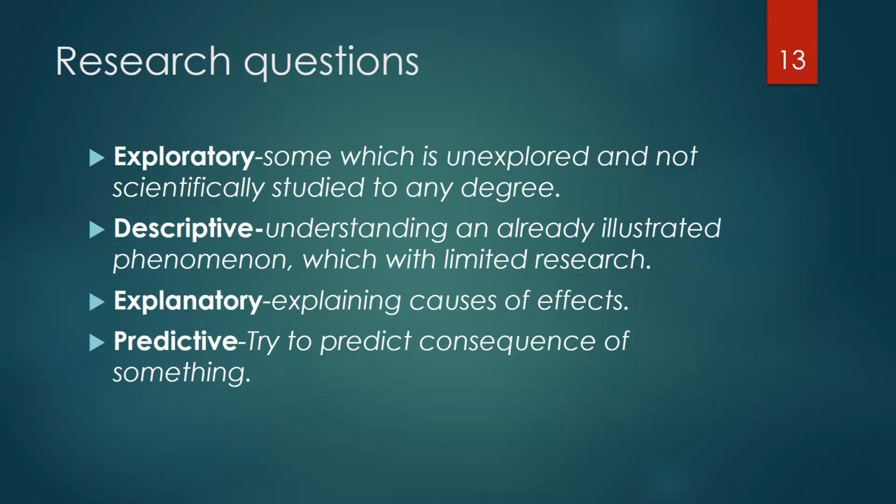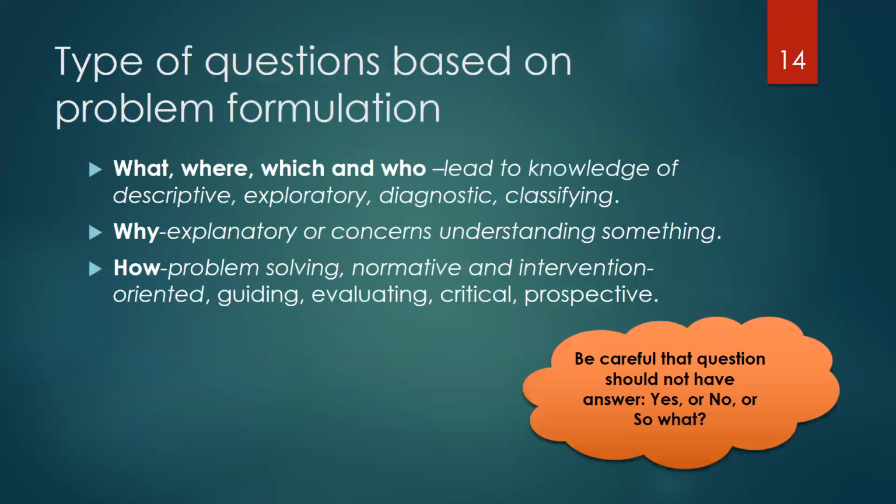Explanatory: you are explaining the causes and effects of something. And predictive: predicting the consequence of doing something or something happening. So these are the 4 types of questions that you can extract from the objectives.